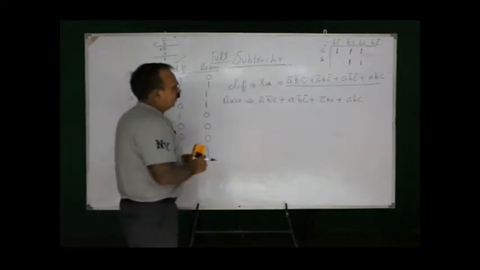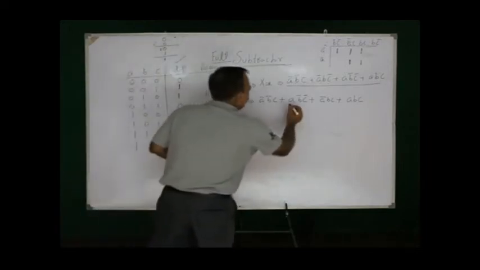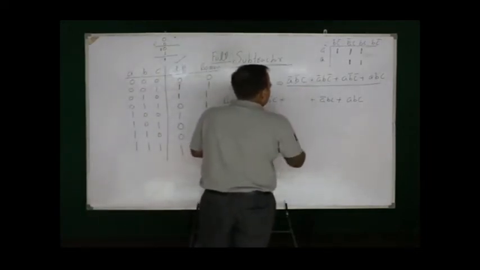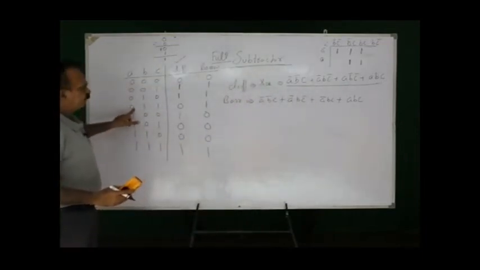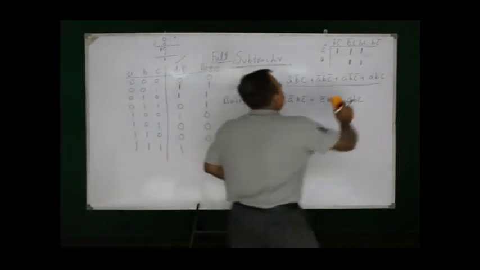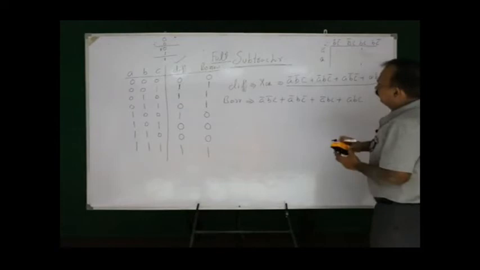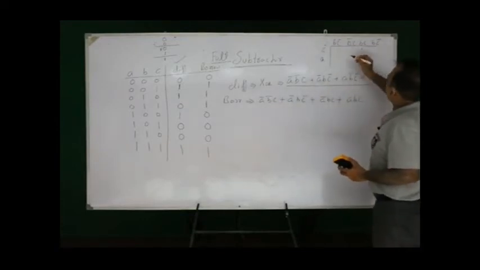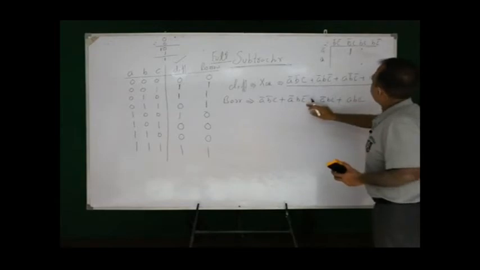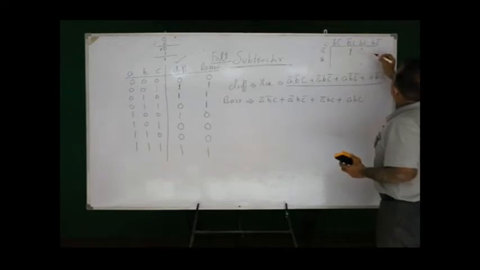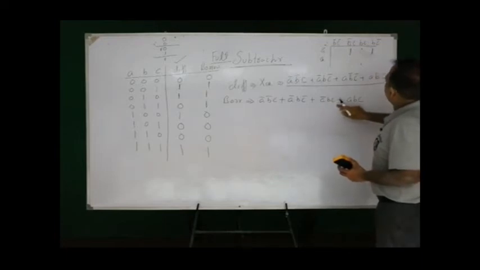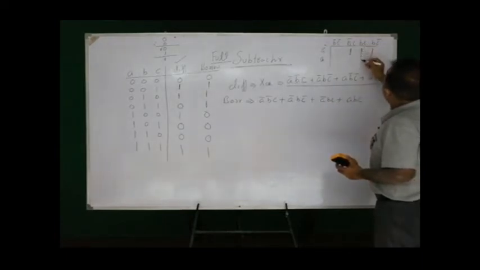The second entry should be A bar, B C bar, and the third entry is A bar, B, C, and the last entry is A, B, C. Now again I will be placing these entries here: A bar B bar C, A bar B C bar, A bar B C, and A B C. The rest are 0, right.